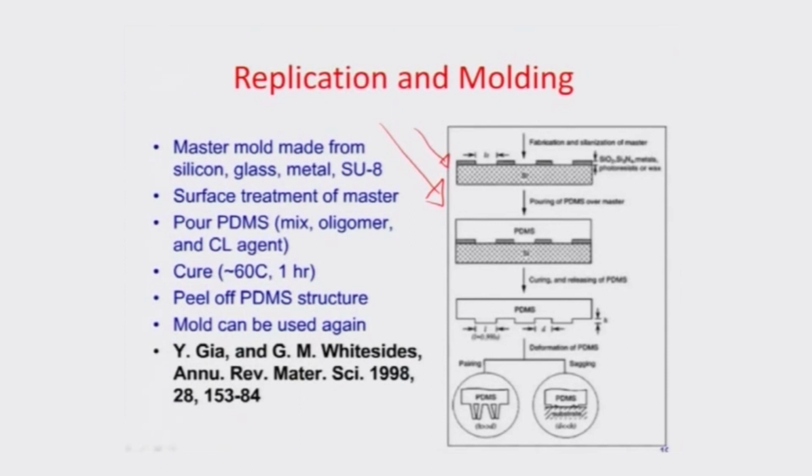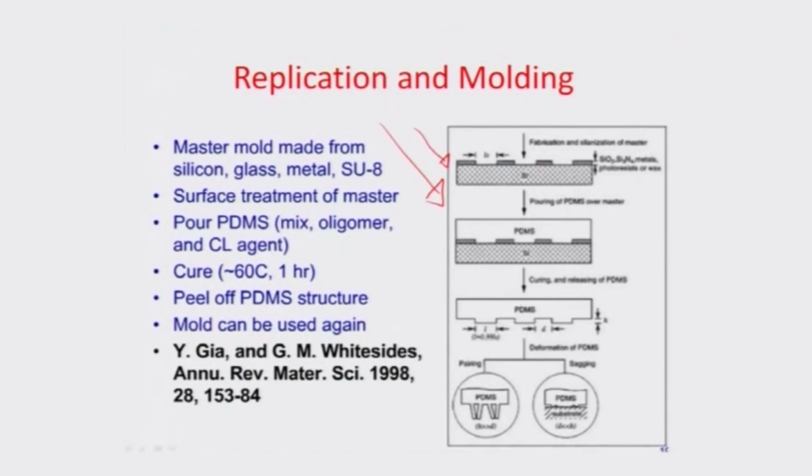Once this mold is prepared, it is coated with a surface treatment, some layer of HMDS or some hydrophobic material, which is the mold release agent that we are talking about.